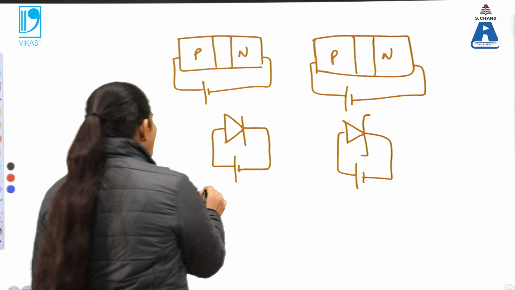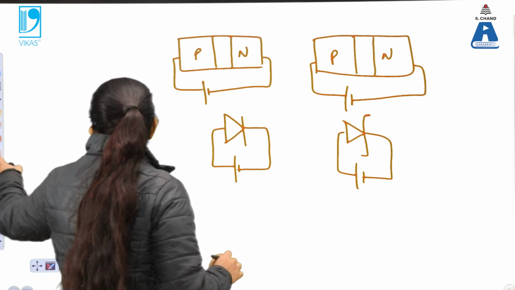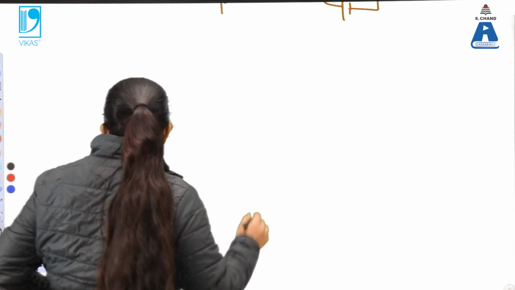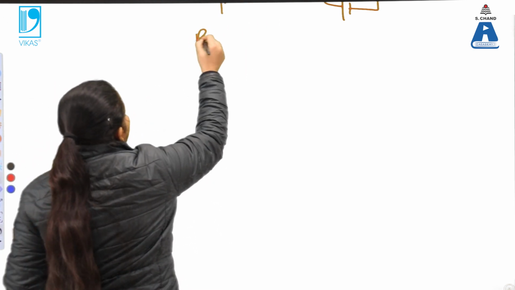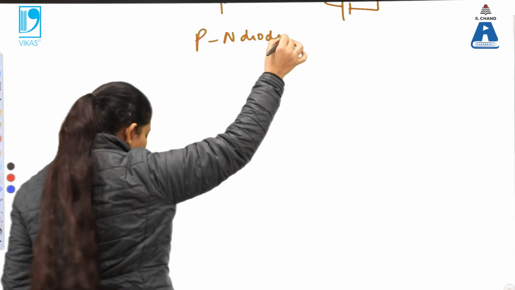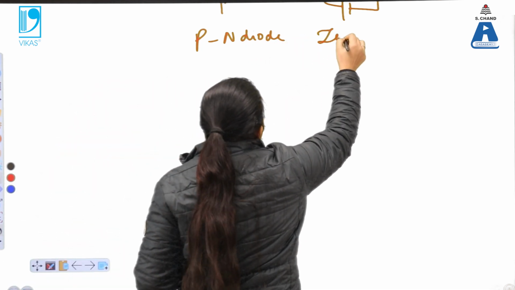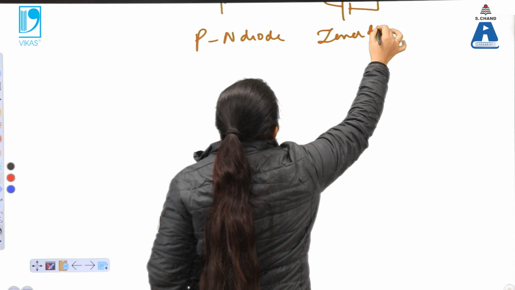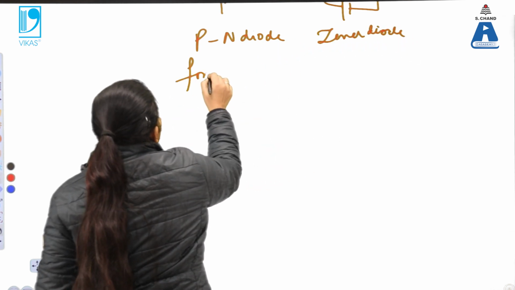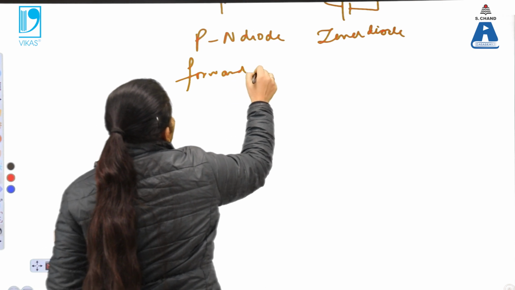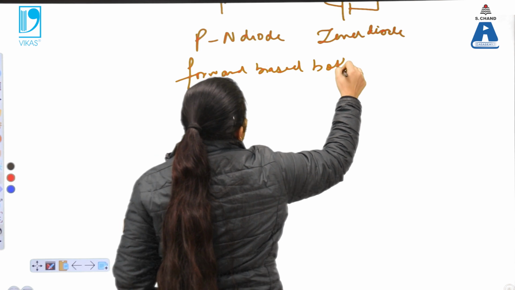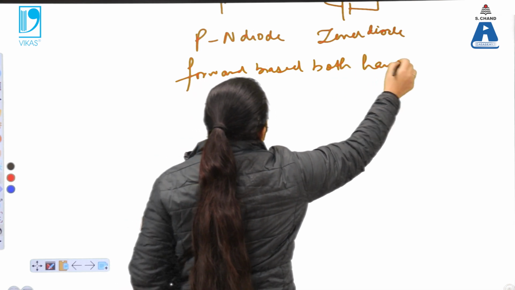So both the PN junction diode and the Zener diode, in forward bias, have the same working principle.